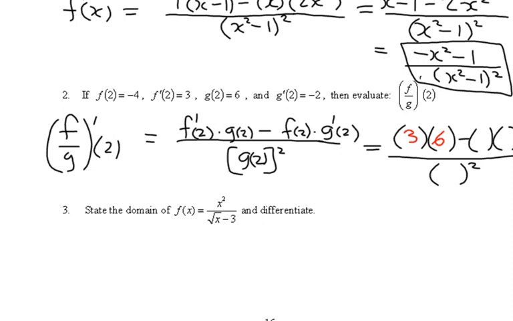And then f of 2 was given as -4, and g prime of 2 was given as -2. On the bottom, we want g of 2, which is 6. So we have 18 minus 8 over 36, which is 10 over 36, which reduces to 5 over 18. How many are looking at that answer? 5 over 18. Okay. All right.